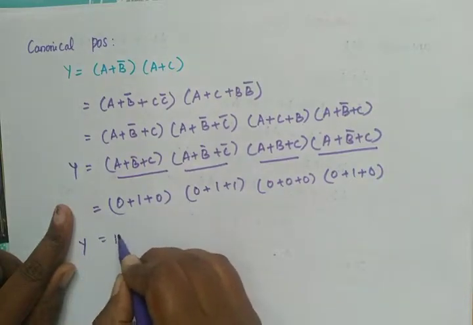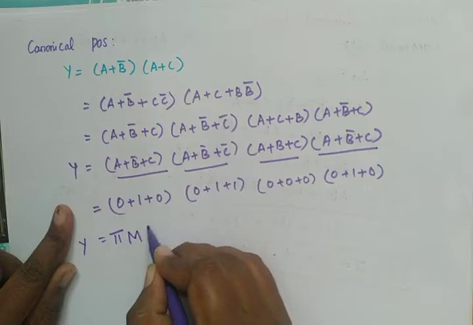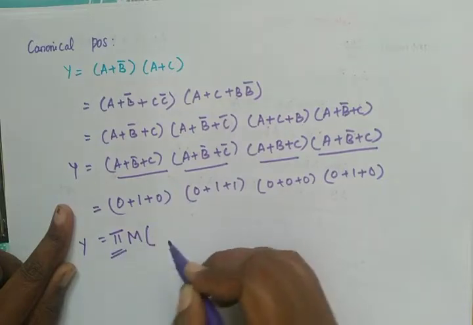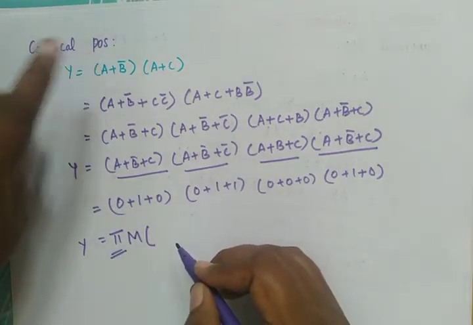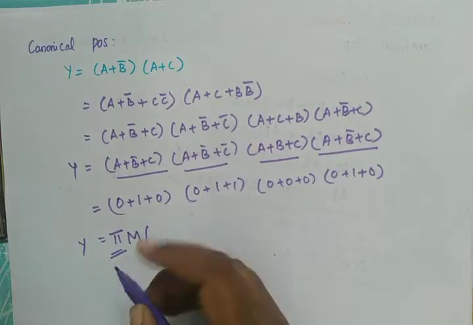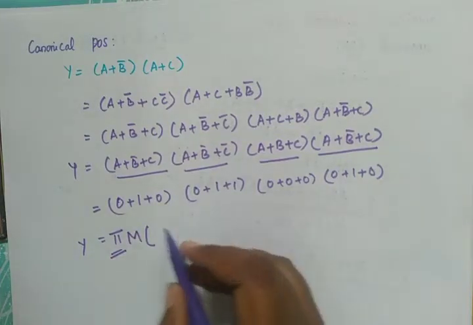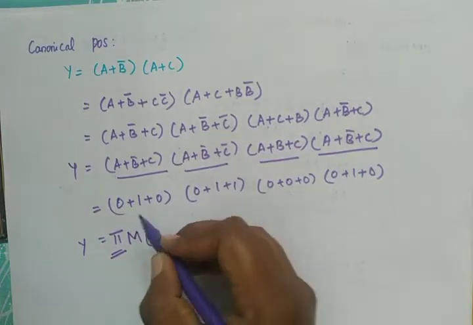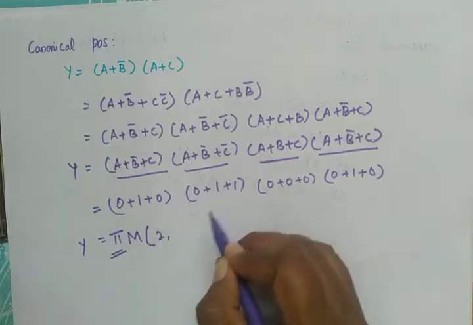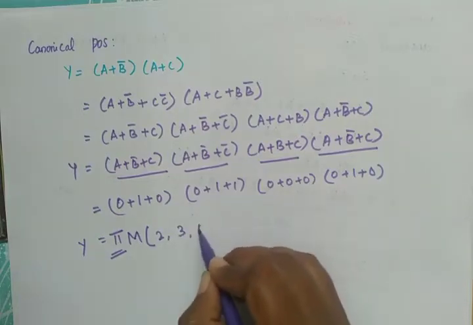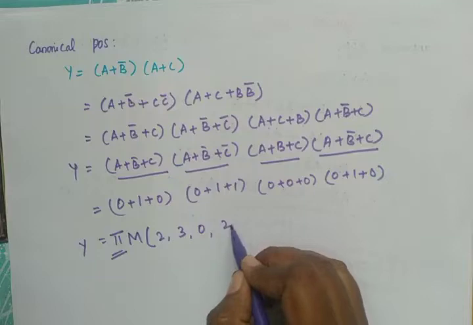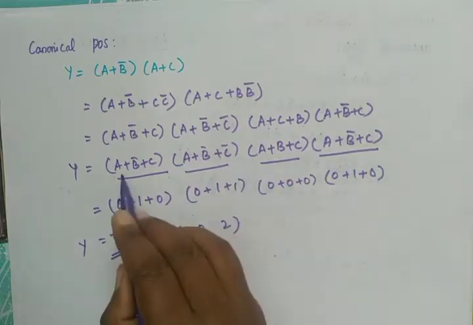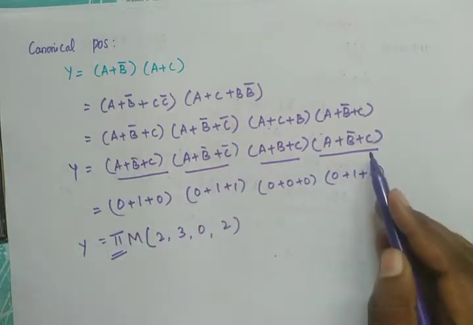This should be represented by pi capital M. Here pi represents product of sum. Summation represents sum of product, that is SOP. Now what is the equivalent decimal for this? This is 2, 3, 0, here it is 2. Isn't it? Here also we have A + B'C, and here also we have A + B'C.